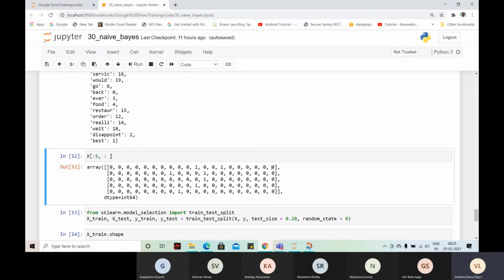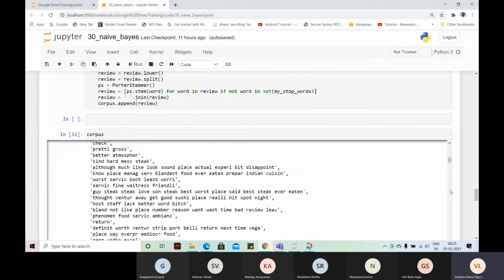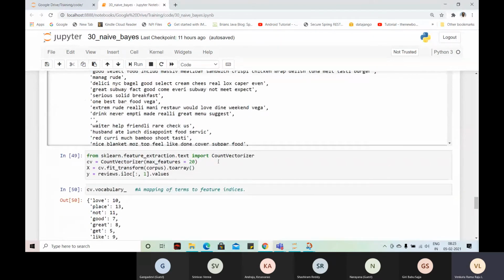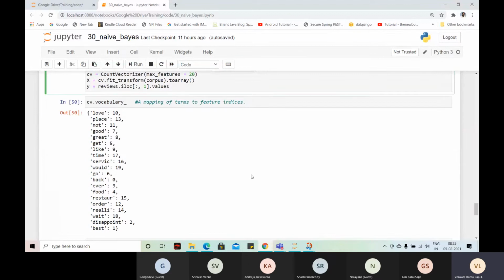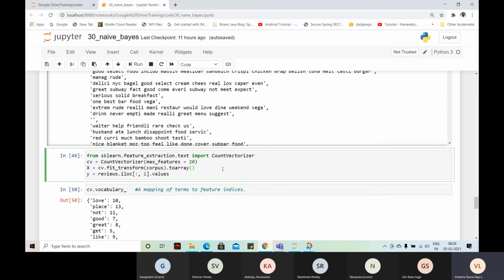Especially when you do count vectorizer with all the features, without giving max features, there are around 1500 columns. When there are that many columns, definitely there is not going to be that much strength. Got it?